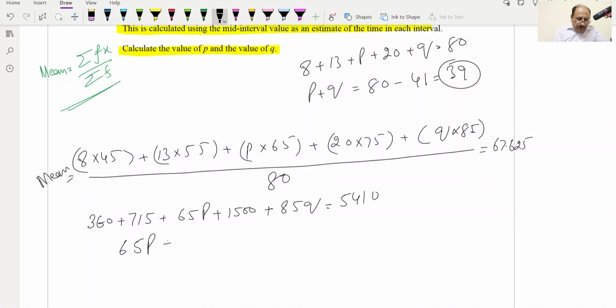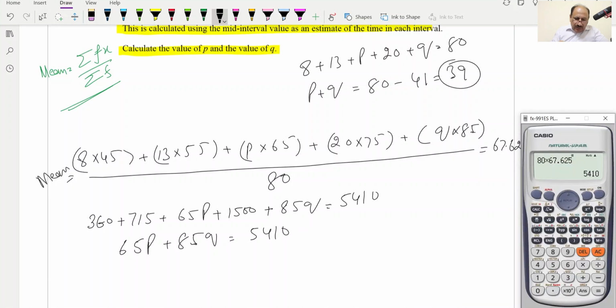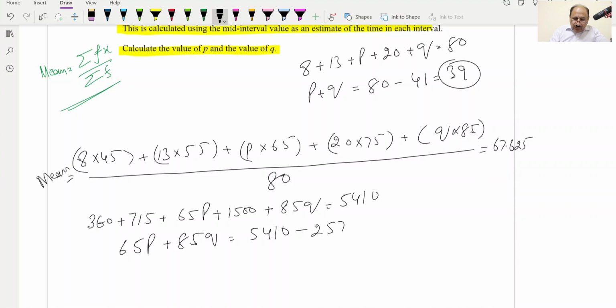65p plus 85q is equal to 5410, and these three terms will add, and then we'll shift to the other side. So this will be 360 plus 715 plus 1500, and this is equal to 2575. So minus 2575, because we have shifted to the other side. Now this will be equal to what?